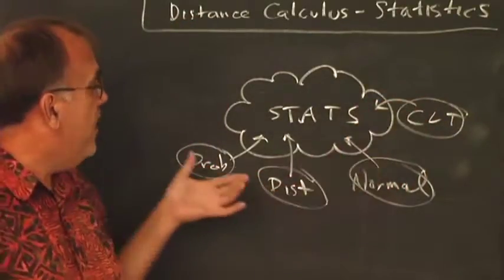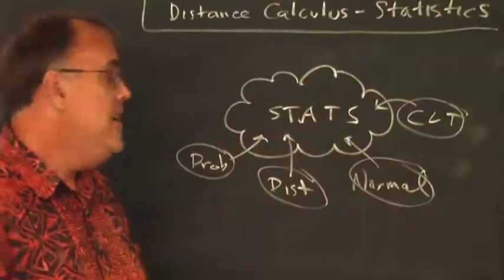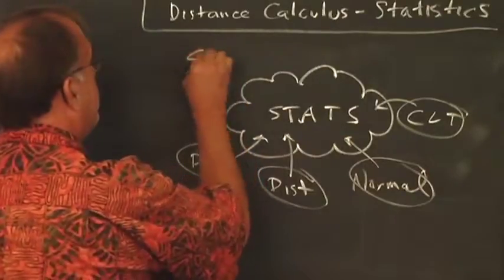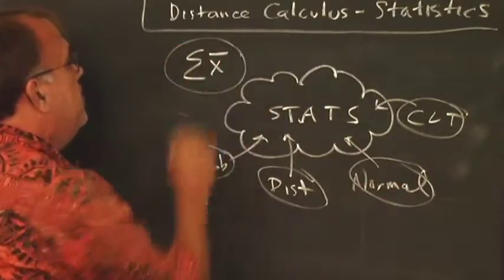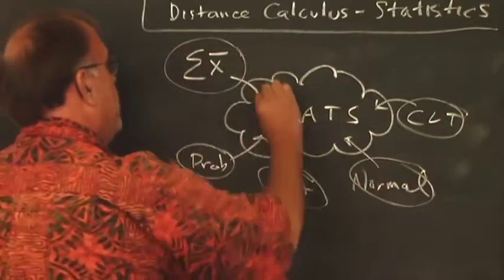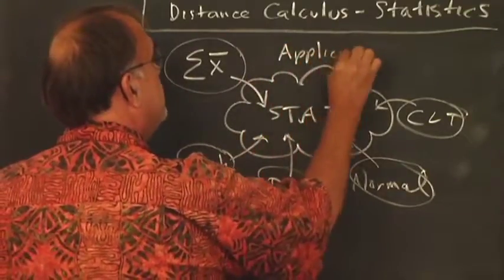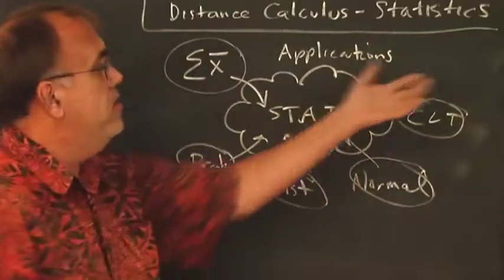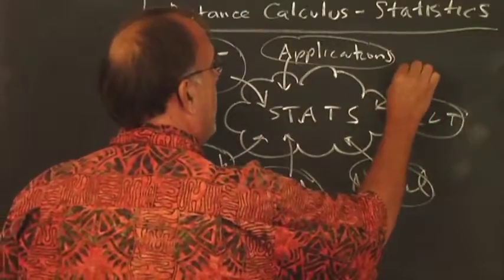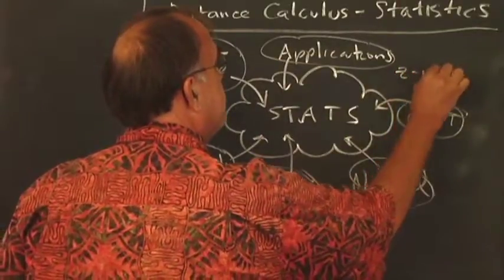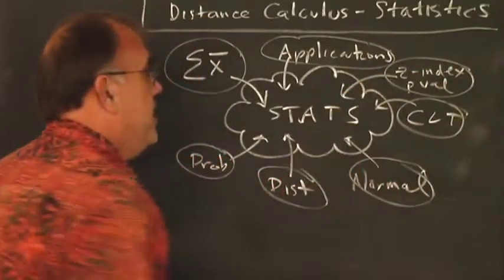It was a very reasonable course, not too much stuff. And then it started to take off. We started having all kinds of notations for different things thrown into the course. Then we started having all kinds of applications, like from those other courses. Those got thrown in. Then we started saying, we need to know what z-indexes are and p-vals. Those need to be in.